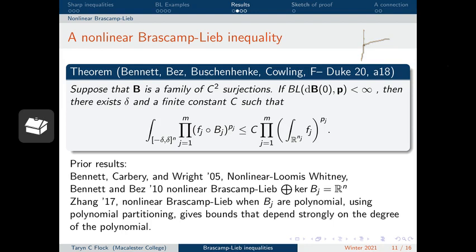Zhang in 17 gave a nonlinear version when these nonlinear maps are in fact polynomial. One might hope for this polynomial version to generalize to tell the full story, but the proof uses polynomial partitioning, and because of that gives bounds that depend strongly on the degree of the polynomial.